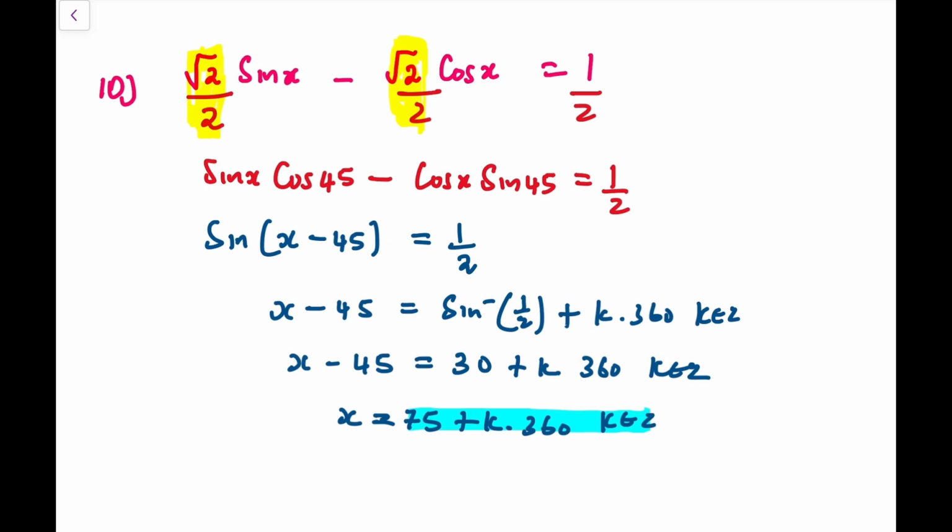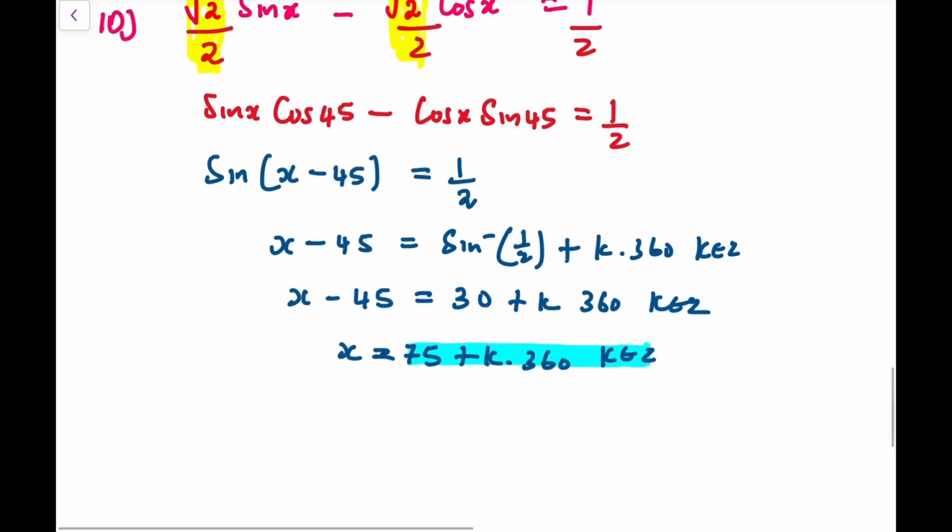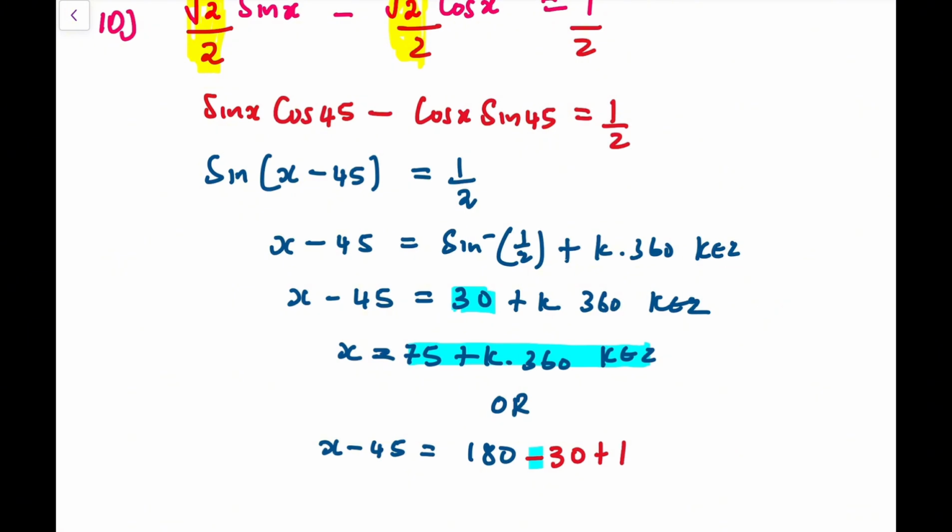And then solution number 2, we will say or, and then we go back and say x minus 45 is equal to, remember, for sine, solution number 2 is 180 minus, so it will be 180 minus 30, plus k multiplied by 360, where k is an element of all integers.